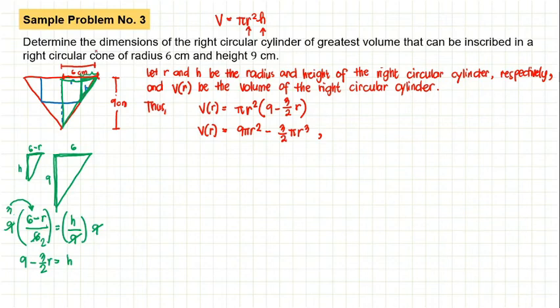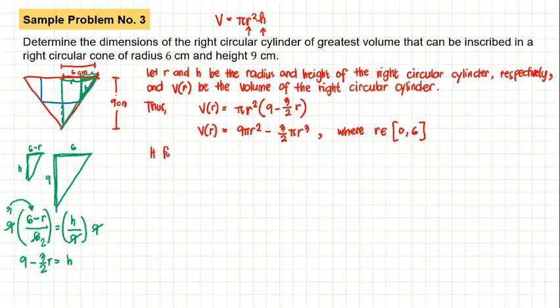So that we can maximize the volume of our right circular cylinder. Therefore, r is an element of the closed interval 0 to 6. So that will be our restriction. Okay? So we can now differentiate this one.